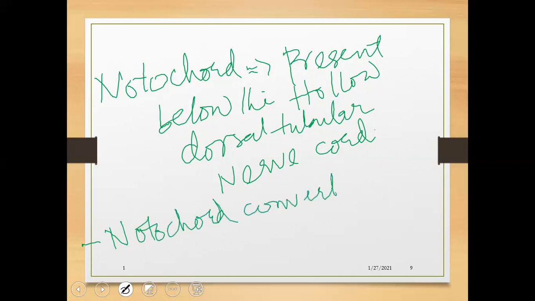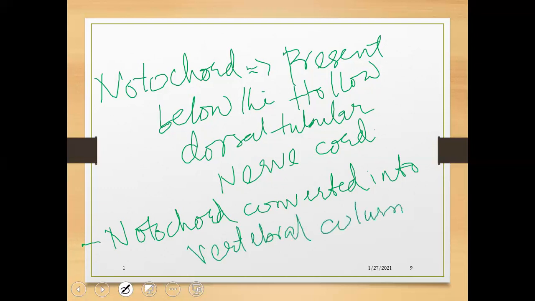Chordates have two types of organisms: invertebrate chordates and vertebrate chordates.